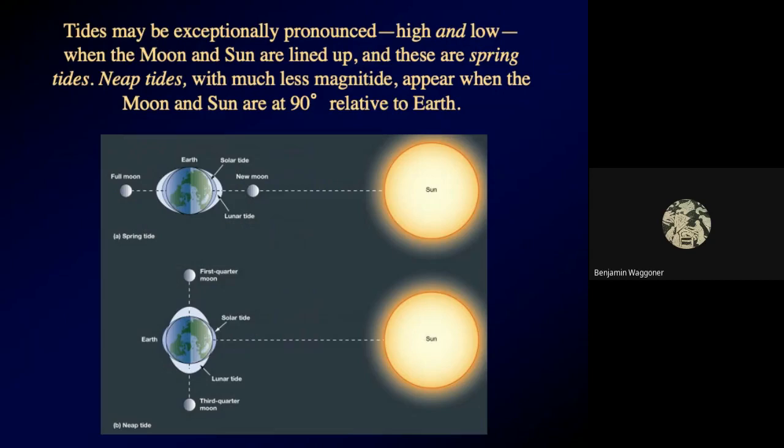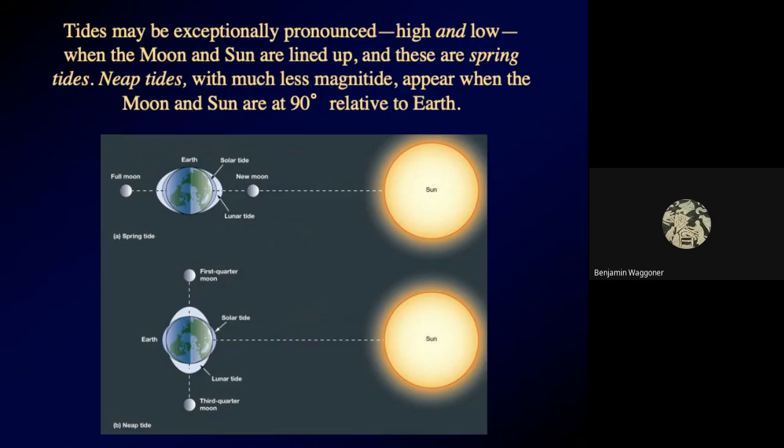When the moon is new and when the moon is full, then the centers of the Earth, moon, and sun are nearly perfectly in line, and that tidal bulge is stronger than it usually is, and we call those spring tides. Not spring in the sense of the season, but spring in the sense of something springing forth. Your high tides will be unusually high, and your low tides will be unusually low.